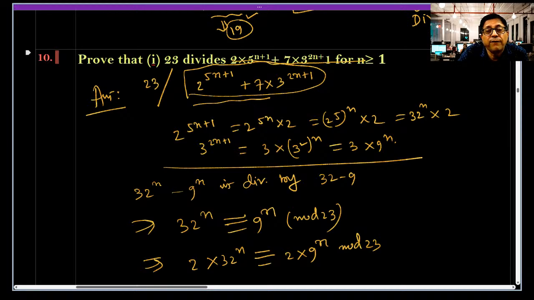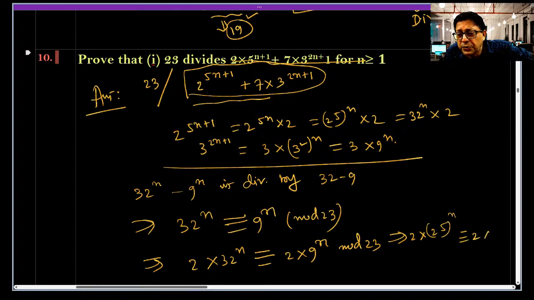So you need to write this thing as 2 into 2 to the power 5n congruent with 2 into 3 to the power 2n mod 23.